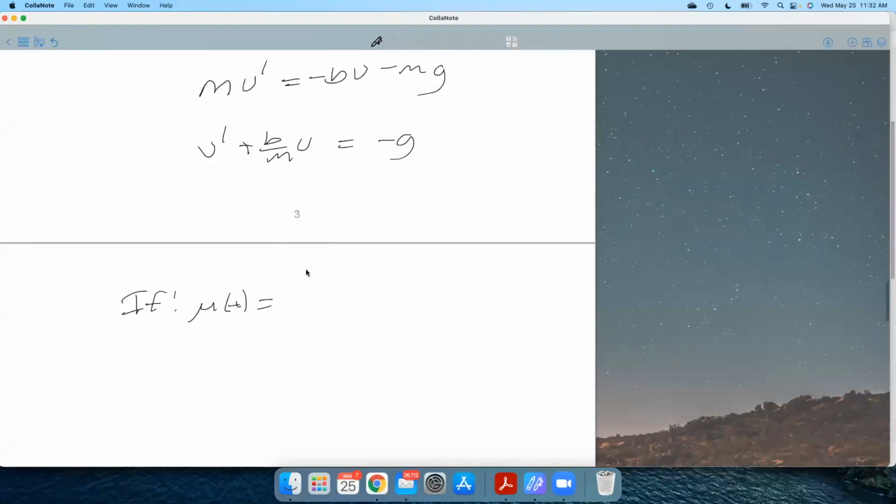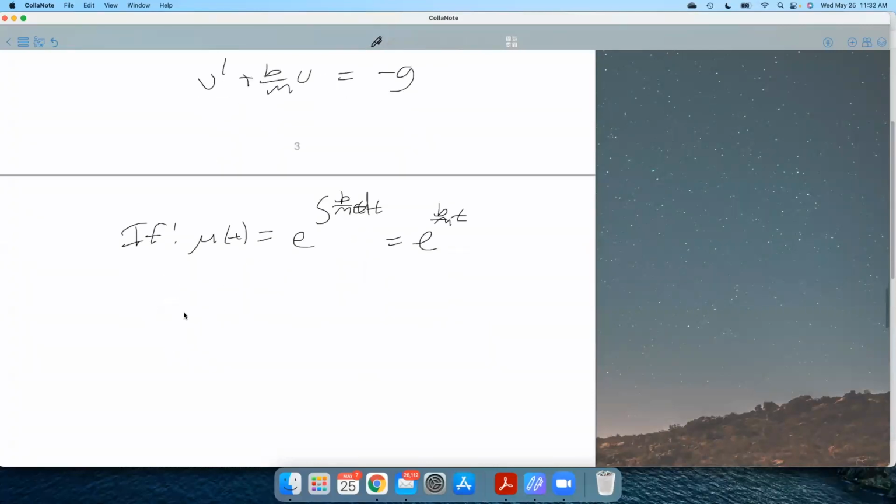Anyways, my integrating factor here is e to the antiderivative of b over m dt. That would be e to the b over m t. Multiply everybody by that.